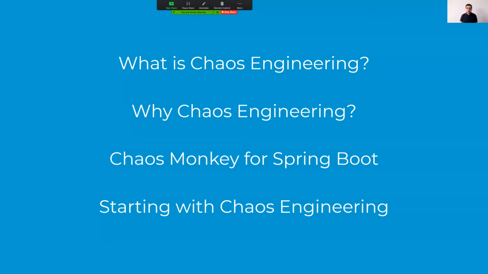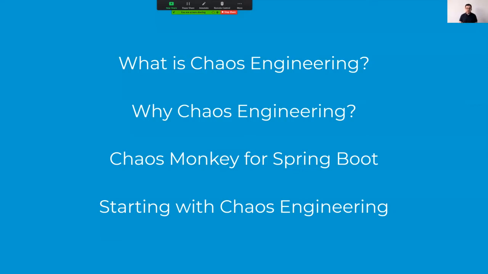Today, I won't do any live coding, because I saw in the previous session that the gods of the demos are not with us. So I thought it's better to show you some examples on the slides. And then at the end, some ideas you have to consider when you start with chaos engineering.